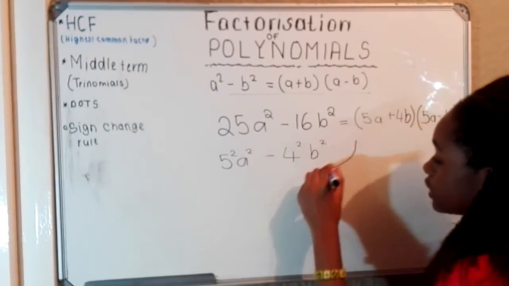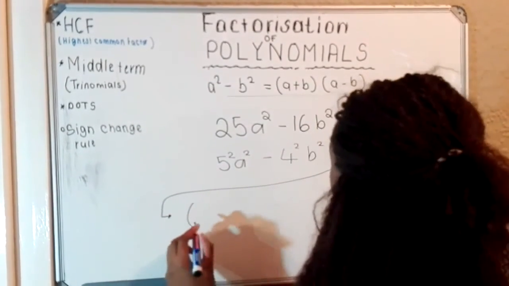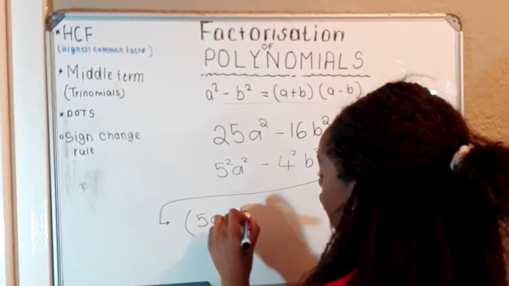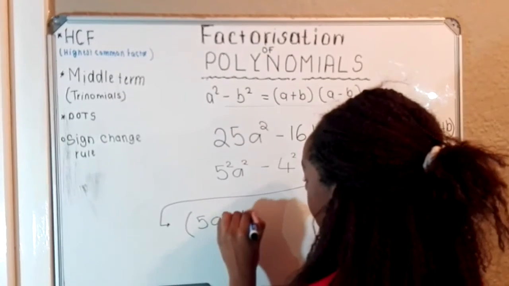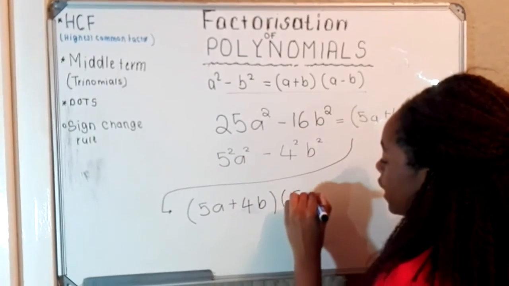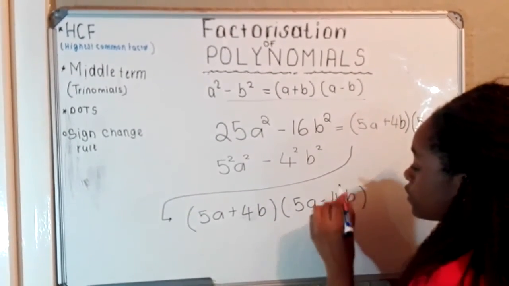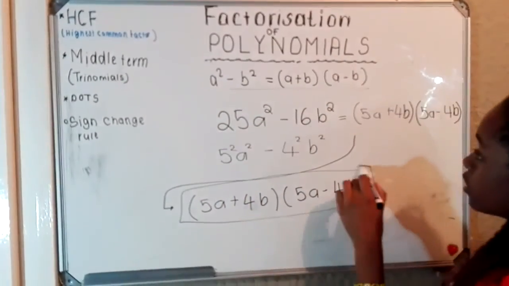So I'm just going to write it down here so you can see. So our final answer was 5a plus 4b, okay, and brackets 5a minus 4b, okay? So this is our final answer. This is the factorized answer of our problem.